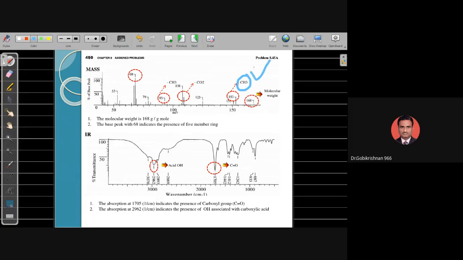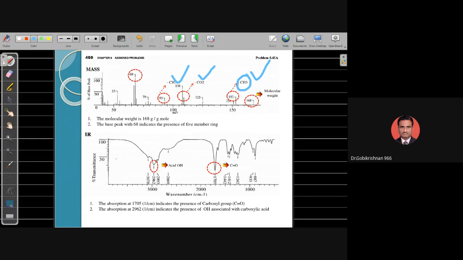Good. Next, if you compare these two, the difference is 108, and maybe CO2 is eliminated here, and next CH3 is eliminated. From this, what I can understand is that the molecular weight is 168, and there are some subgroups that contain CH3, CO2 like that.